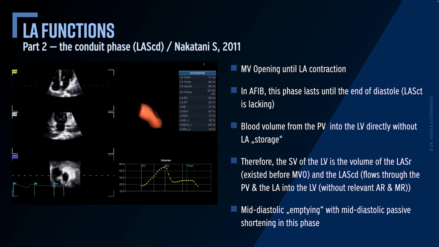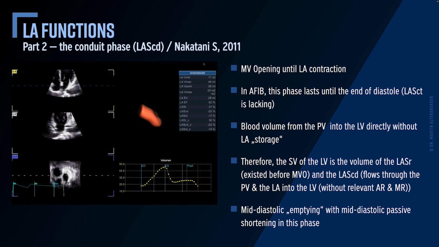The stroke volume of the left ventricle is therefore the volume of the reservoir phase, existing before mitral valve opening, and the left atrial conduit phase, the flow through the pulmonary veins and the left atrium into the left ventricle. Of course, that is only the case when there is no relevant aortic or mitral regurgitation present.